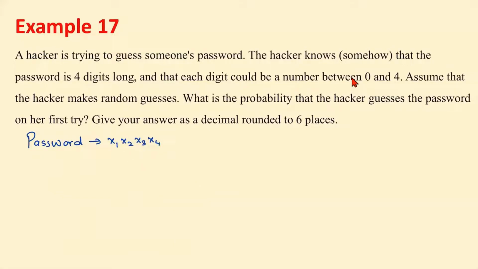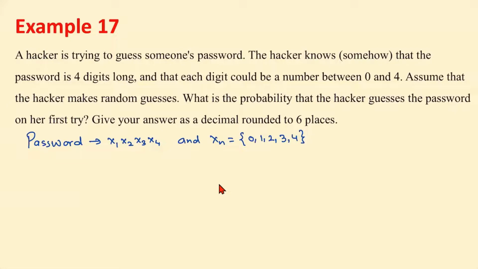And each digit could be a number between 0 and 4. These values, x1, x2, x3, x4 that I've written here, are numbers between 0 and 4. So 0, 1, 2, 3, 4. They know this. So you can see the probability that they will get the first one correct is 1 out of 5. So it is going to be 1/5 for each of these.